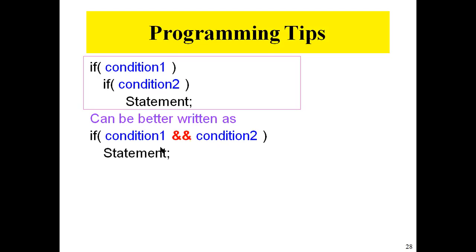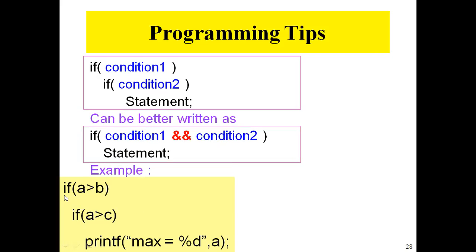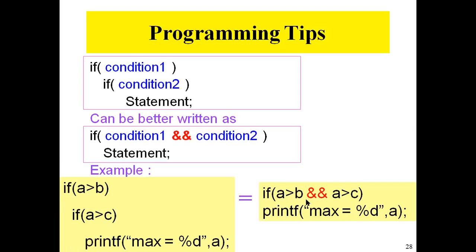What happens is, if condition 1 is false, it will not check the second condition. I told you yesterday, if condition 1 is true, then only it will check the second condition. For example, if A is greater than B, if A is greater than C, then A is max. So I can combine these two conditions and say if A is greater than B and A is greater than C, max is A.